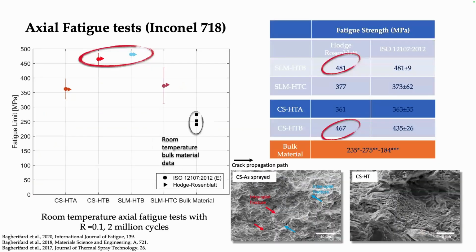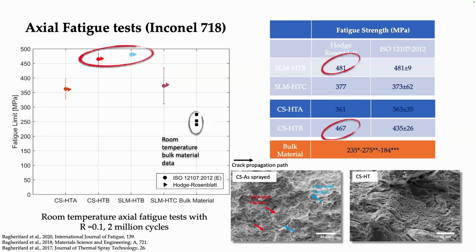We performed also actual fatigue tests on these samples. Here you can see the results for a stress ratio of 0.1 up to 2 million cycles. The cold spray samples and SLM samples with the same heat treatment were performing very similarly under cyclic loading.